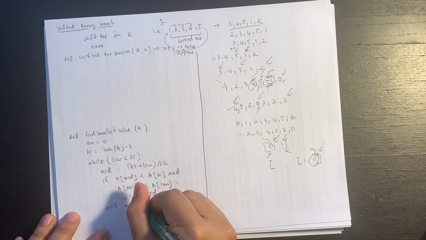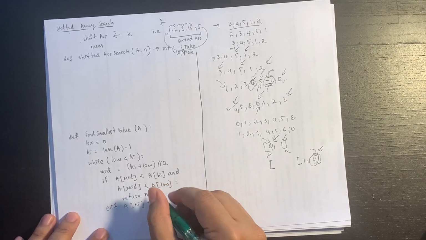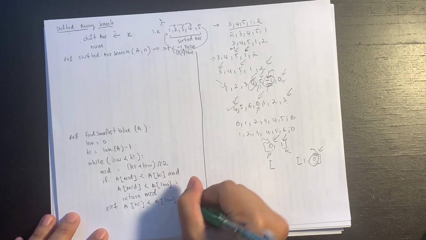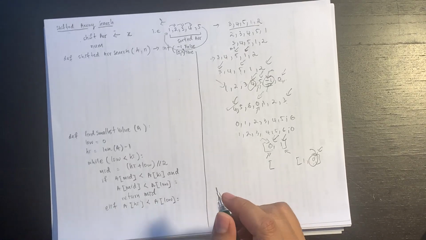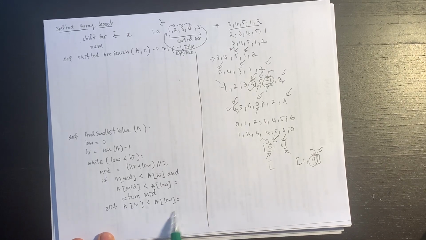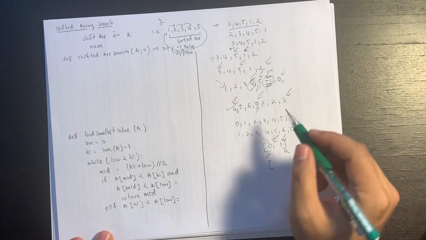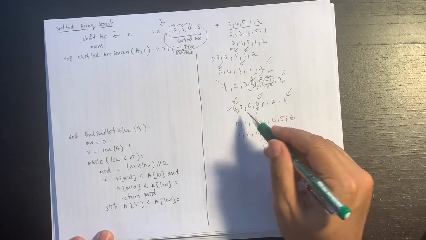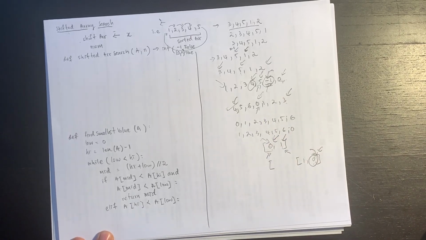Else if a high is less than a low at mid, our smallest value must be on the right hand side.